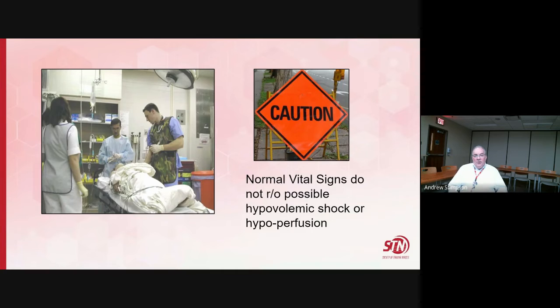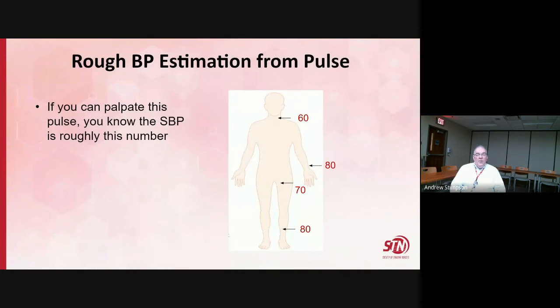One more thing: normal vital signs do not rule out hypoperfusion or hypovolemic shock. We really want to be able to identify shock before their blood pressure drops. Here are rough estimates from pulse. Again, these are variable; they're not hard and fast. But a carotid pulse usually means the systolic blood pressure is at least 60, radial pulse at least 80, femoral pulse at least 70.